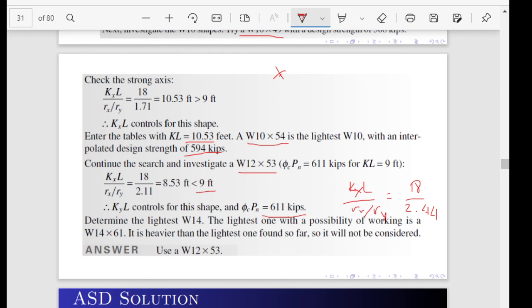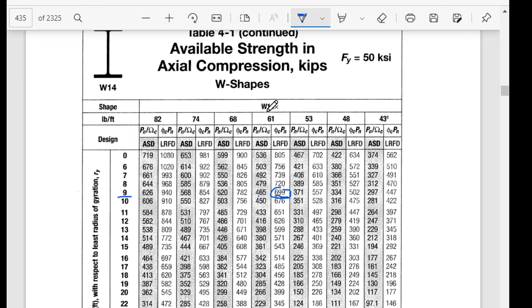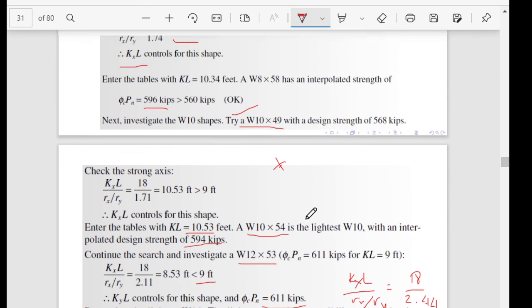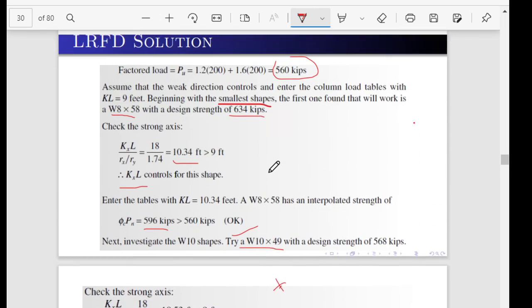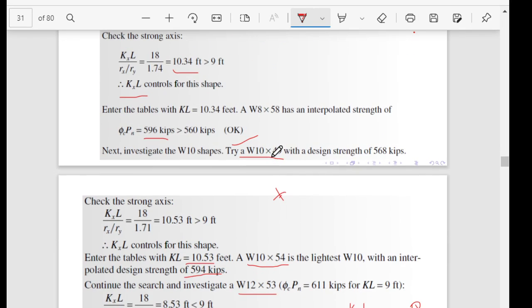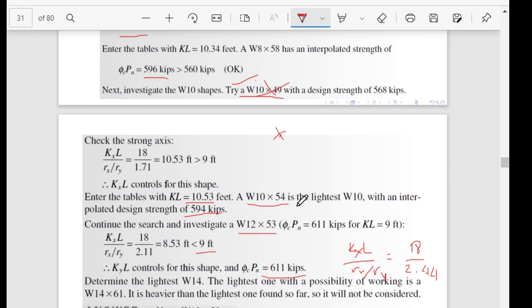Then, 61 here is pounds per foot. Comparing to the other shapes, the first one checked was W8 by 58. Next is W10 by 49, but it did not pass. This is not good. Then, we have W10 by 54, which passed.